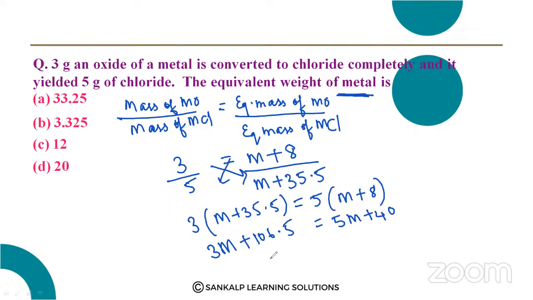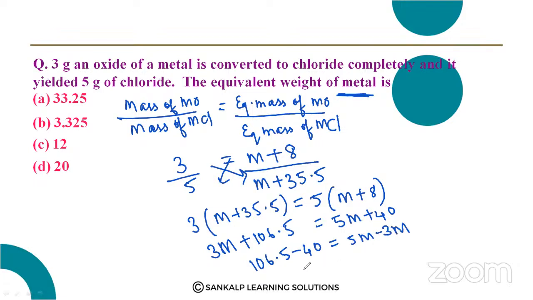Now just transfer the 3m to one side. So 106.5 and 40 you take to this side, so the plus becomes negative here, and here 5m minus 3m.